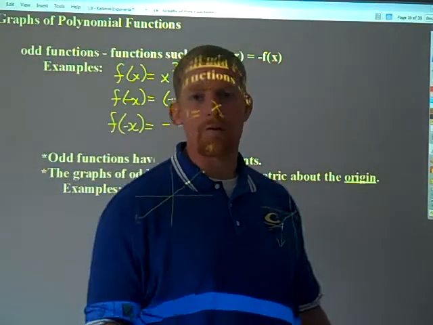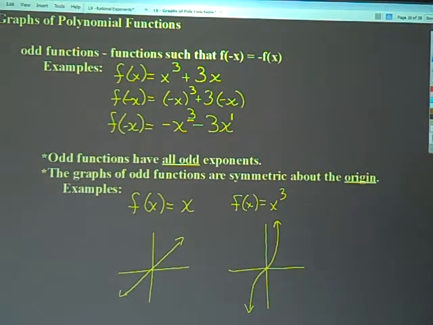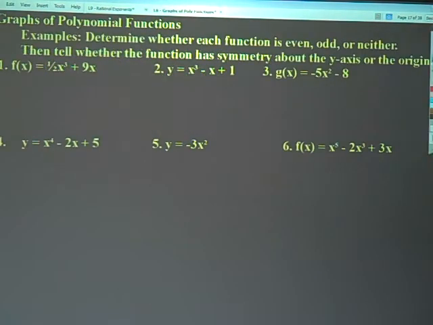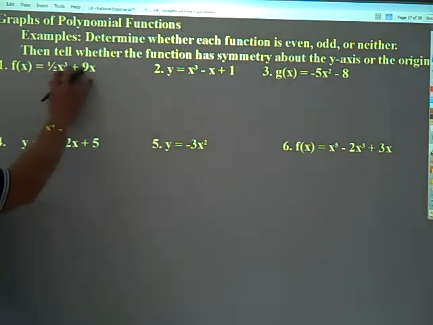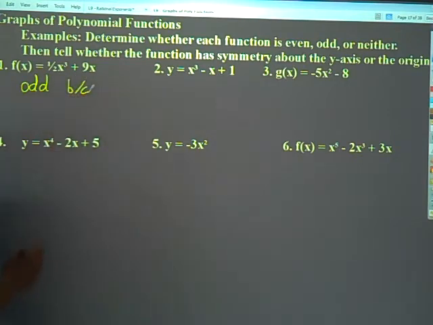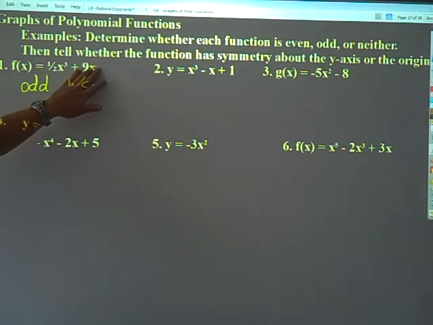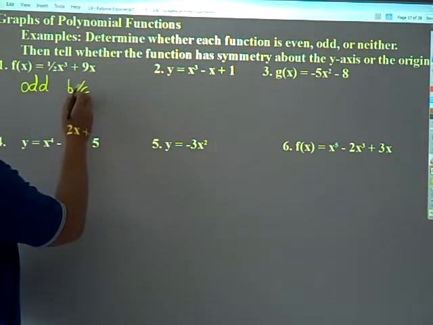All right, the next thing we want to do is look at a few examples of odd and even functions, and then explain why they're odd and even. Looking at number one, we want to determine whether it is an odd or even function. In this case, this is odd because all of the exponents are odd, and then it is going to be symmetric about the origin because it is odd.